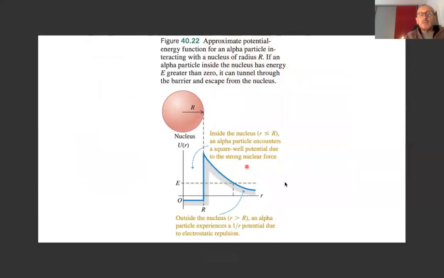Another branch of physics that also sees the effect of tunneling is nuclear physics, and this has to do with nuclei that actually are unstable and emit alpha particles.